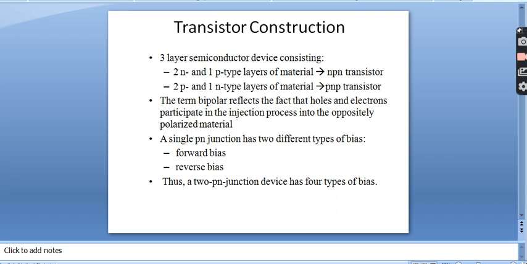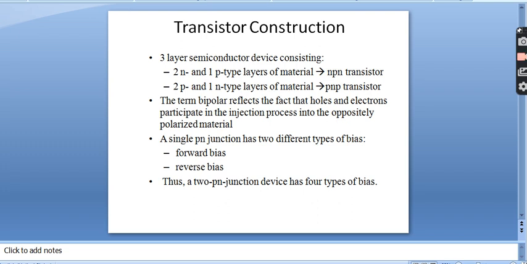We call the transistor a BJT. BJT means bipolar junction transistor, where B means bipolar. Bipolar reflects the fact that both holes and electrons participate in the injection process into the oppositely polarized material.